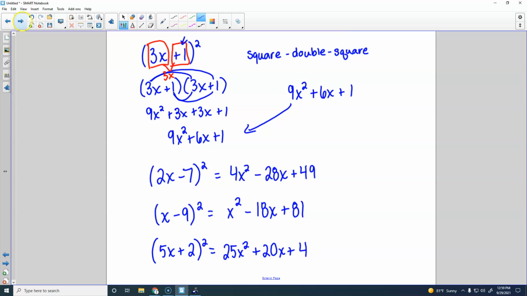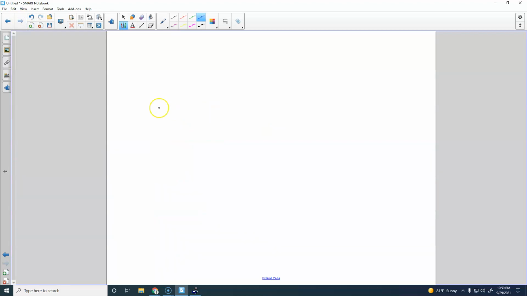Okay? So, I'm going to walk you through a few things before we get to actually solving the whole problem, which we'll hopefully do in the next 10 minutes. So, let's say that I've got x squared plus 6x plus, something here. I don't know what it needs to be.